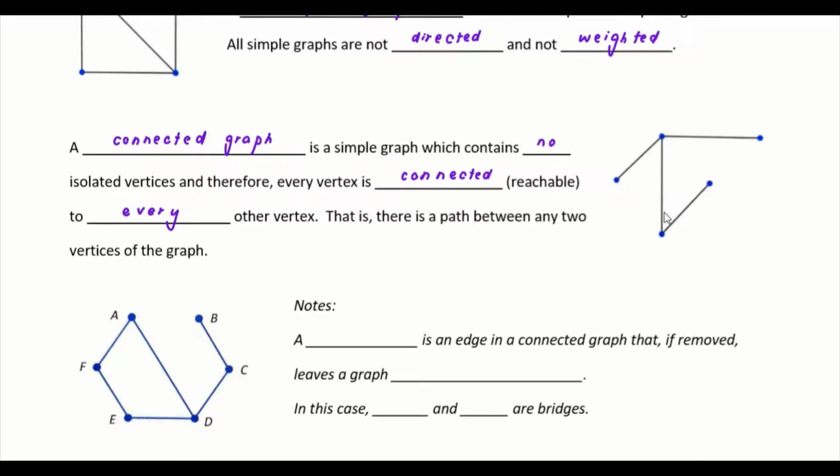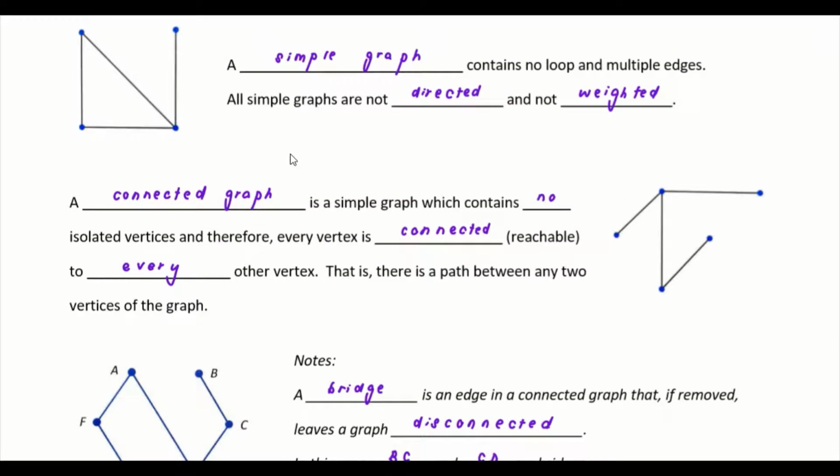All the vertices here are connected to each other, so this is called a connected graph. In other words, there is a path between any two vertices of the graph. If you add one more point here, then it is isolated, disconnected from the other vertices, so this graph is no longer called a connected graph.